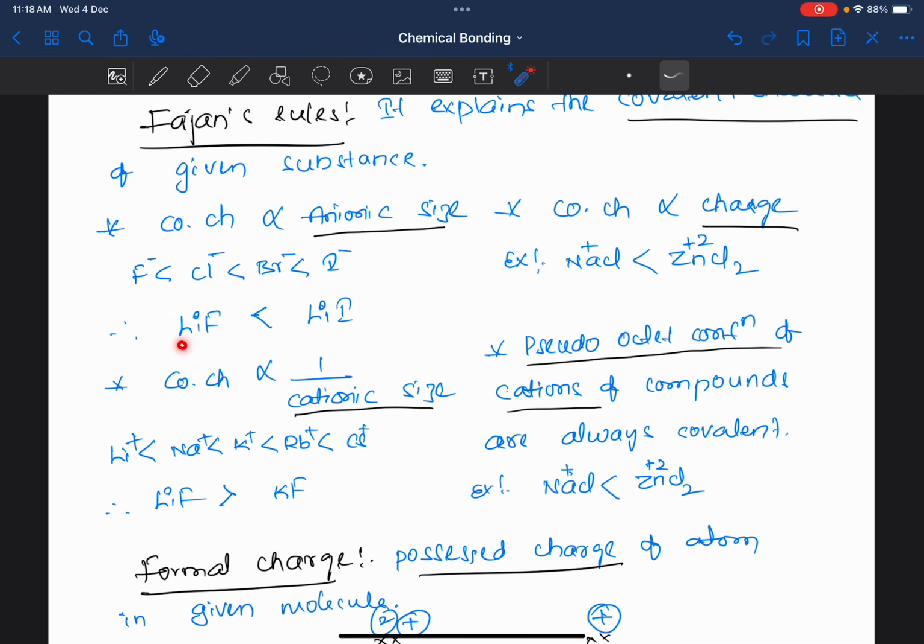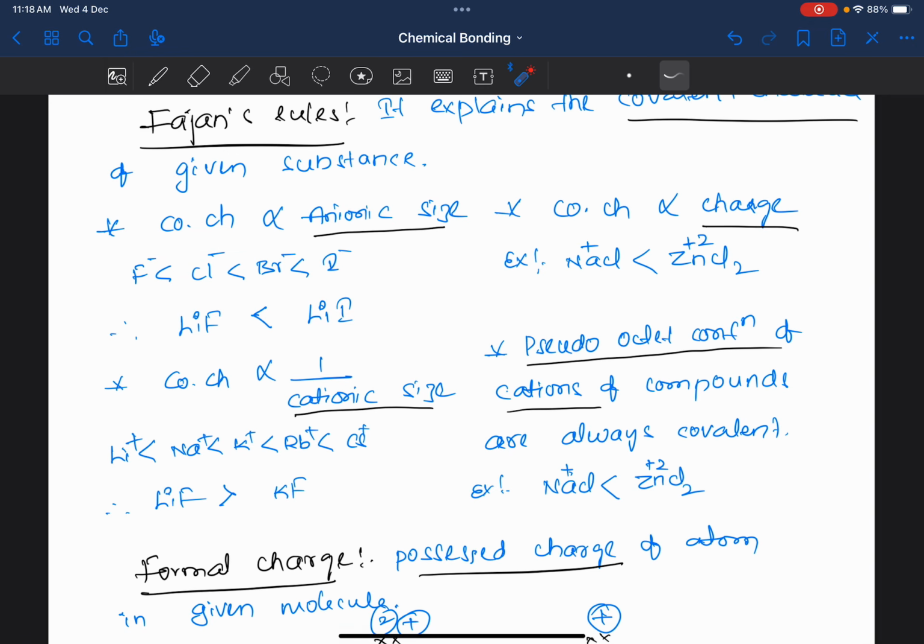In this example, the lithium ion is common, while fluorides and iodides are different; fluorine and iodine are different. The iodide ion size is more compared to the fluoride ion. So that's why lithium iodide will show more covalent nature.